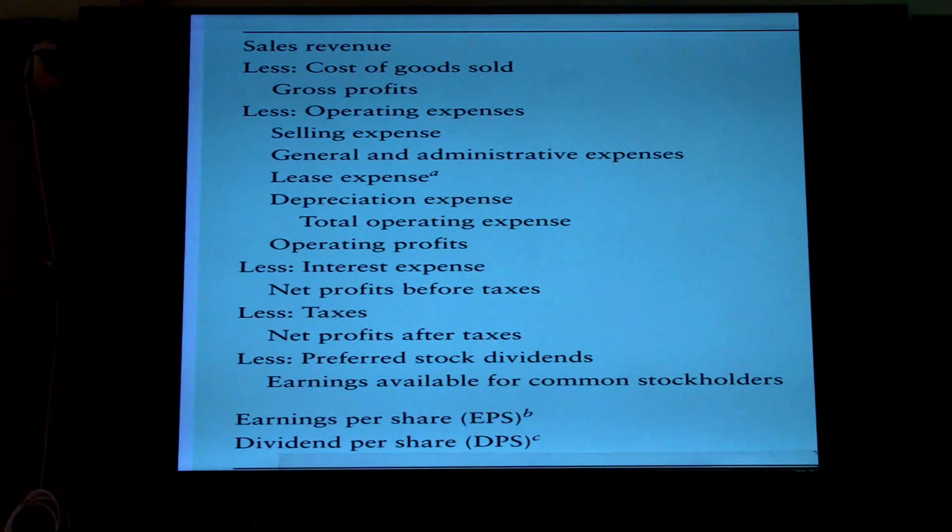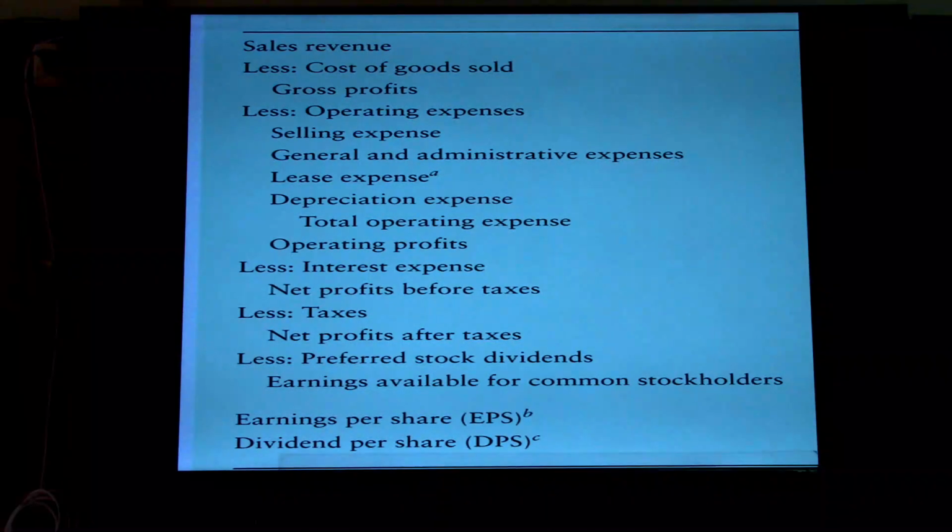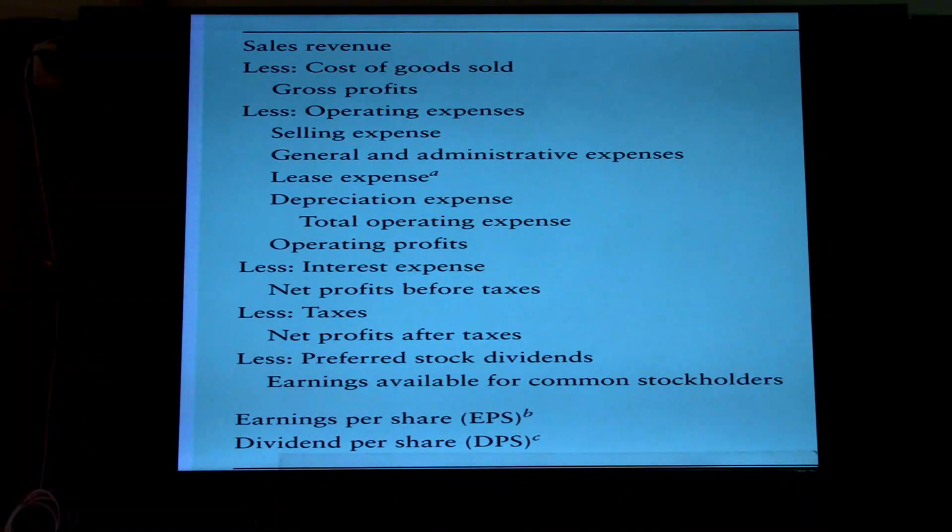If the board of directors decided to pay dividends for common stockholders, this means part of it will be used as dividends for common stockholders, so the remaining part will be kept as retained earnings.